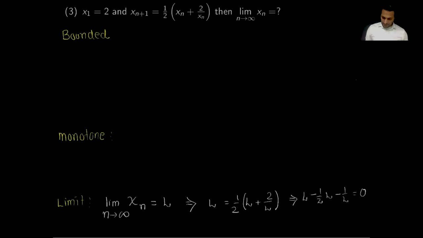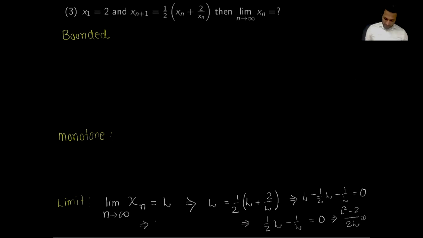And this can be simplified to 1 half L minus 1 over L is equal to 0. And this can also be written as L square minus 2 over 2L is equal to 0.